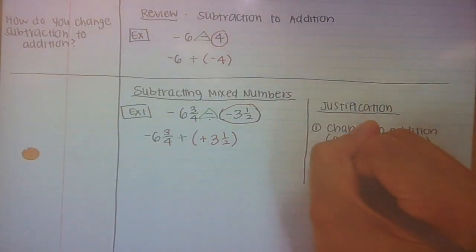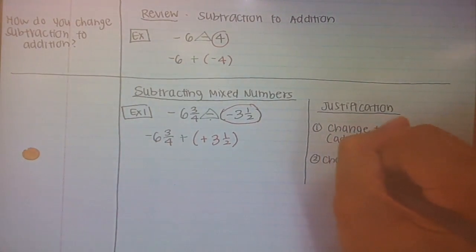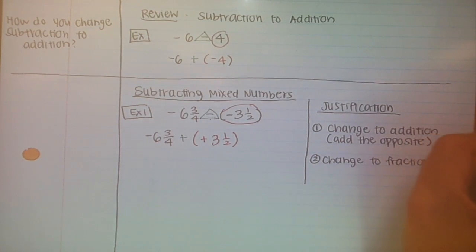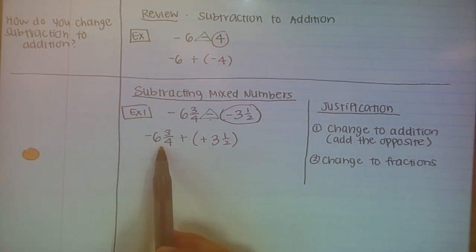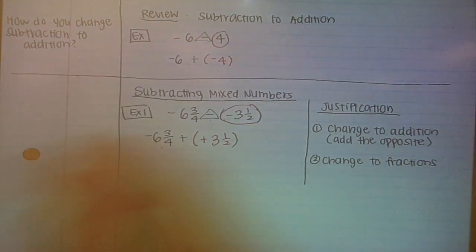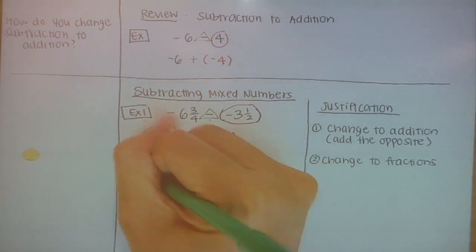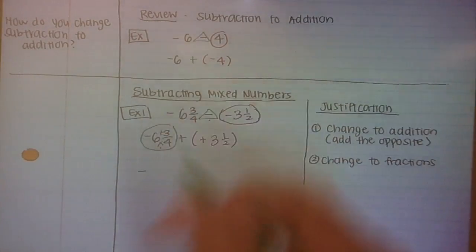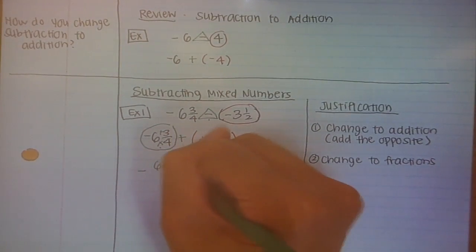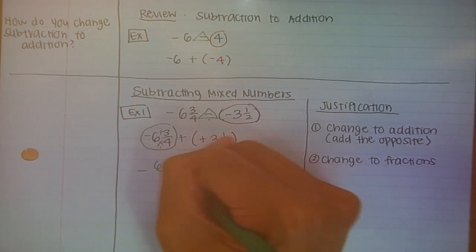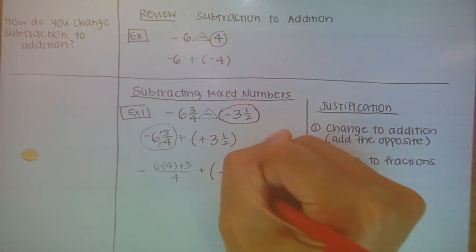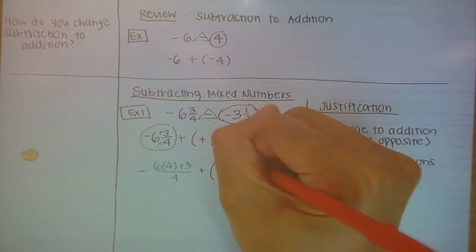So the second step is we're going to change to fractions. So we need to change these from mixed numbers into fractions. So I start with a negative number. I'm changing negative 6 3/4, 6 times 4, and then plus 3, and we keep the denominator the same. Then I'm going to add a positive number. Those signs don't change.